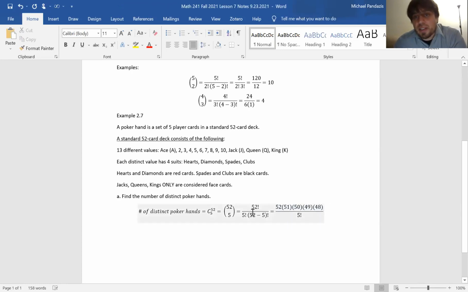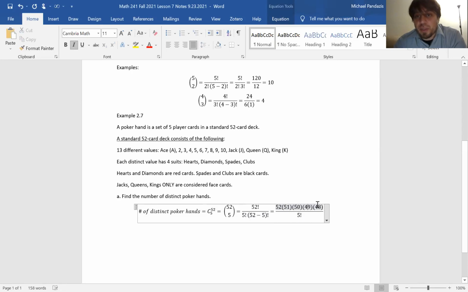If you take 52 minus 5 factorial, which is 47 factorial, and divide 52 factorial by it, you're left with 52 times 51 times 50 times 49 times 48. And then you have the 5 factorial in the denominator still.